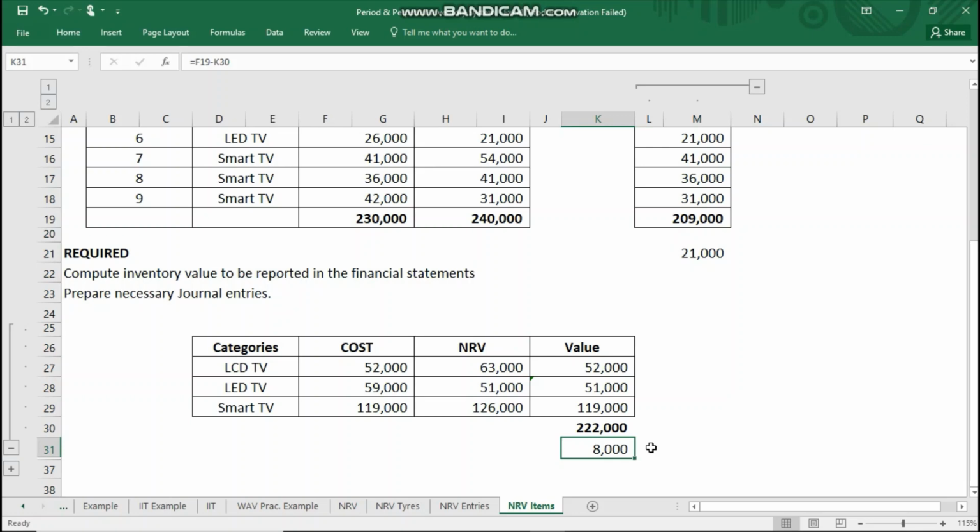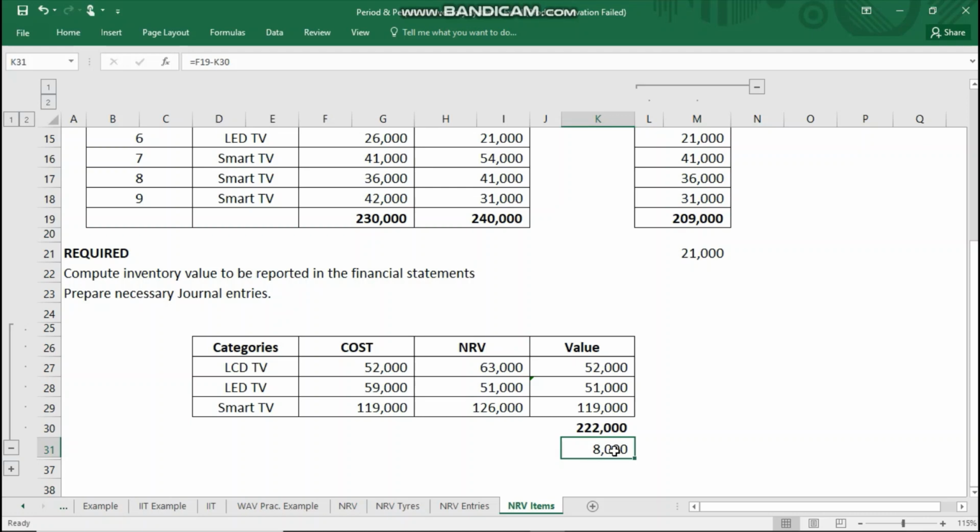So this category level testing is not giving me a realistic picture of the NRV write-down. The expense is on a lower side, and there might be a risk that my expenses will be understated in the financial statement.